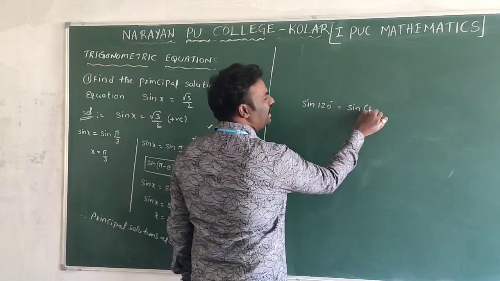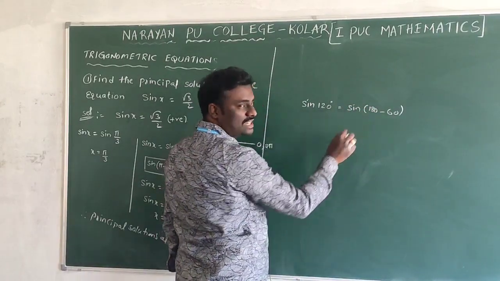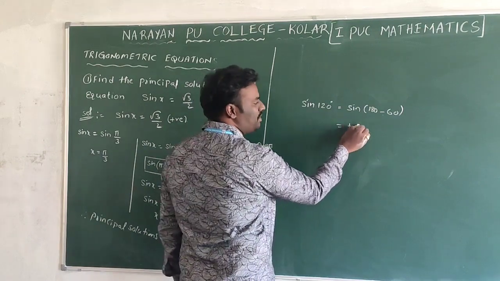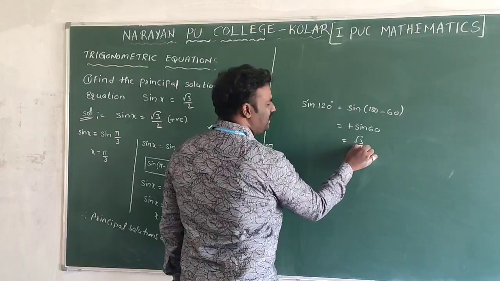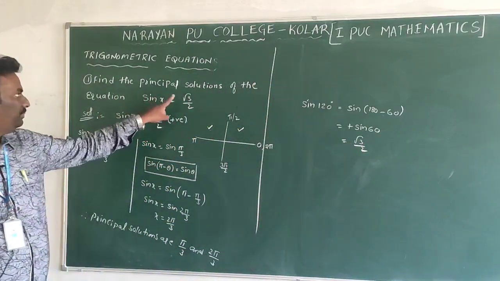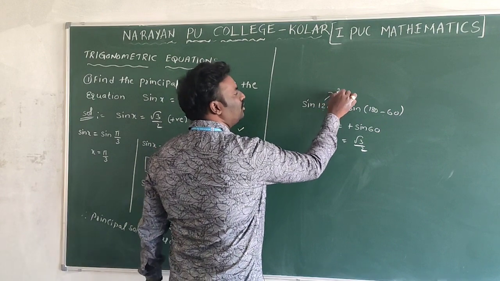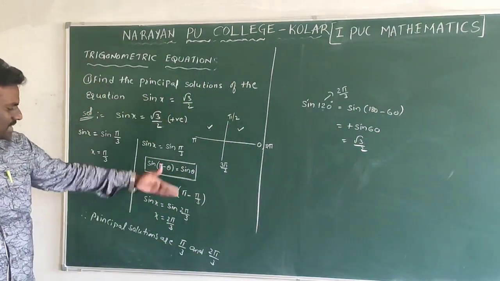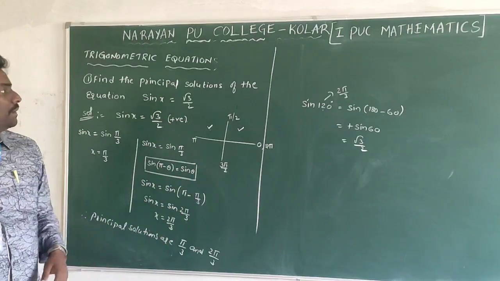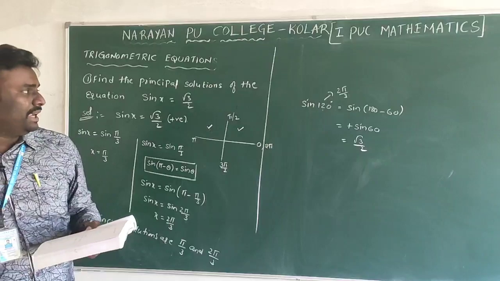Sin of 180 minus 60. 180 minus, second quadrant, sin is positive, that is nothing but sin 60. Sin 60 value is root 3 by 2. So 120 can be written as 2 pi by 3. If you remember directly, you can do, otherwise you can apply this concept. So these are the principal solutions of sin x is equal to root 3 by 2.